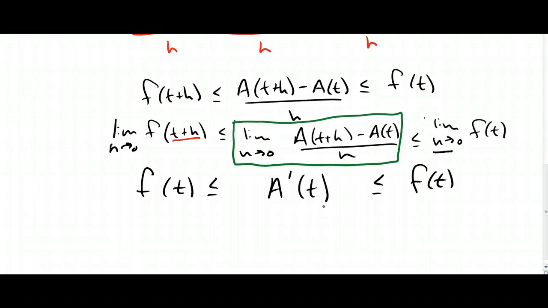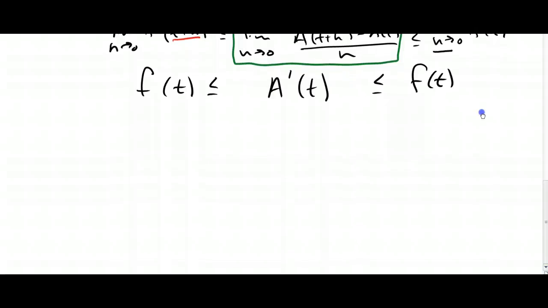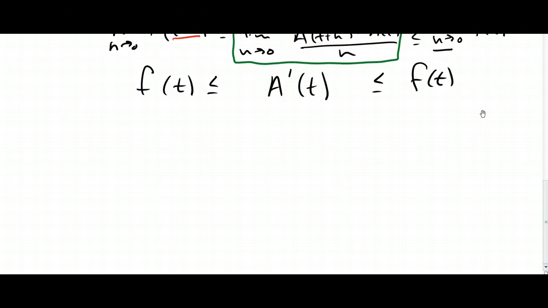So we know that f of t is less than or equal to a prime of t, which is less than or equal to f of t. Well, in order for that to be true, then a prime of t had better be equal to f of t. And if we know that a prime of t is equal to f of t, we know that they're antiderivatives. The antiderivative of a prime of t is a of t.